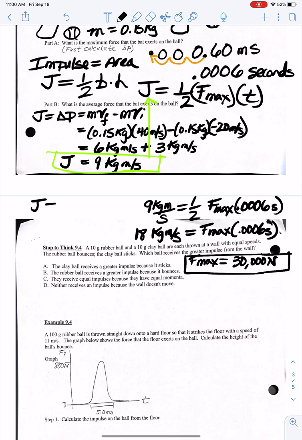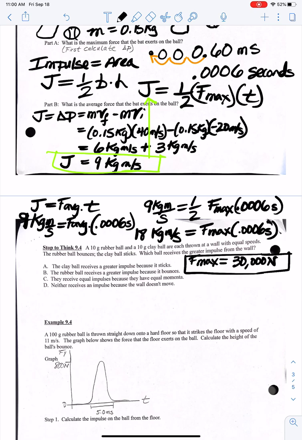So J is going to equal F average times T. And J is still going to be 9. It's hard to see. And we want to know F average over the same time period, that 0.0006 seconds.